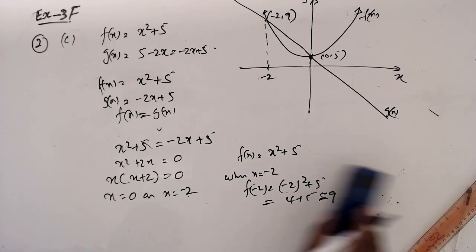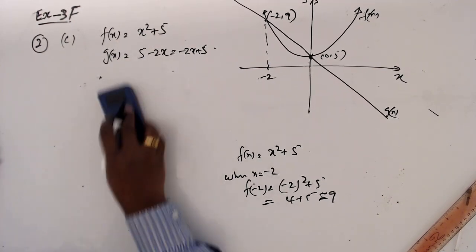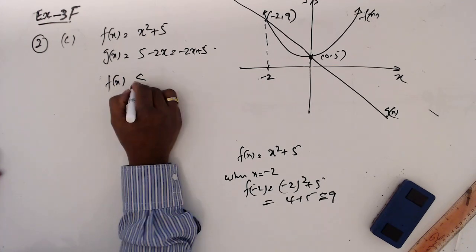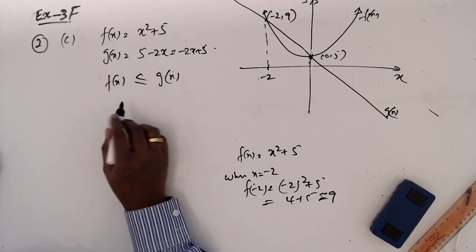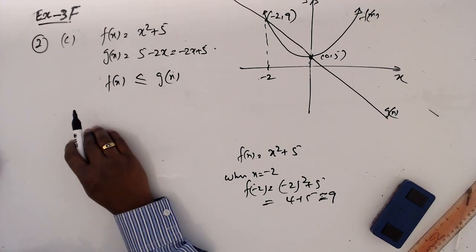And now the third part is f(x) greater than g(x). Which area is f(x) above g(x)?